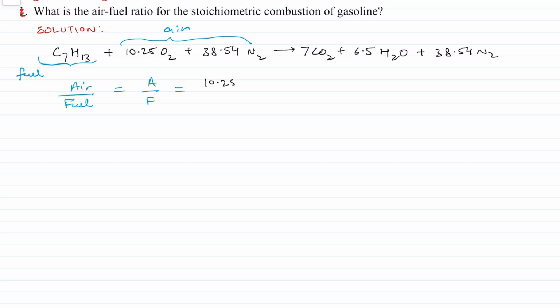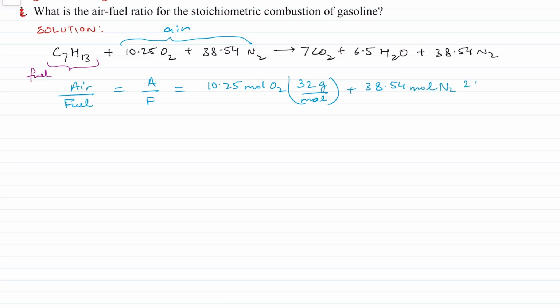That's 10.25 moles of oxygen, and oxygen is 32 grams per mole, plus 38.54 moles of nitrogen, and we have 28 grams per mole of nitrogen.